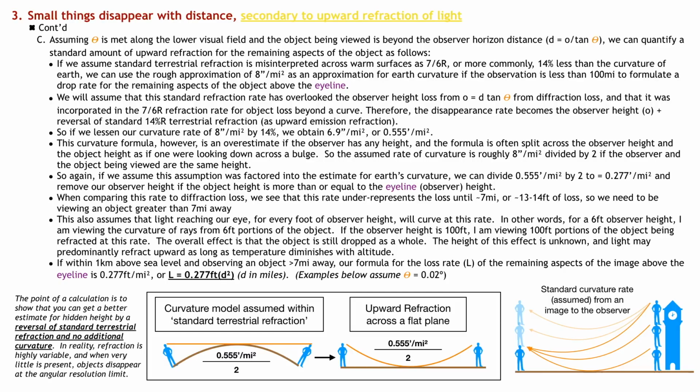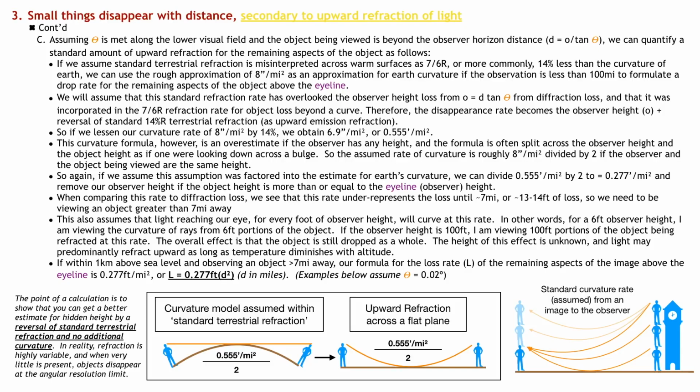In other words, for a 6-foot observer height, I am viewing the curvature of rays from 6-foot portions of the object in the distance, so that I can have it divided by 2. If the observer height is 100 feet, I am viewing 100-foot portions of the object being refracted at this rate. The overall effect is that the object is still dropped as a whole, but in those portions.